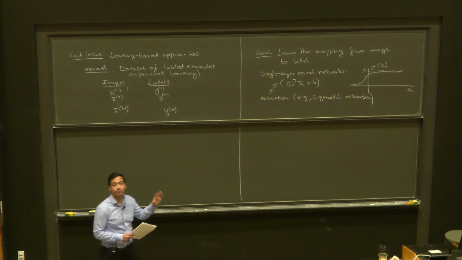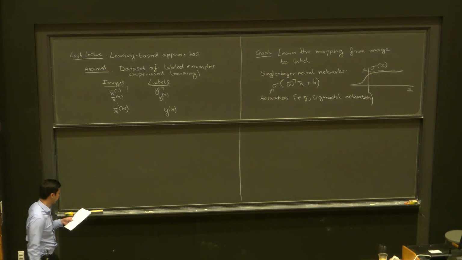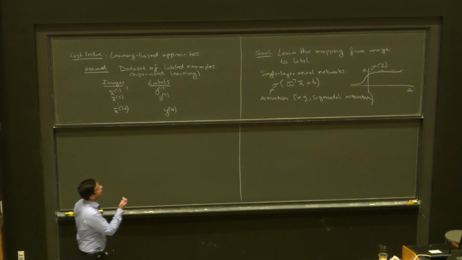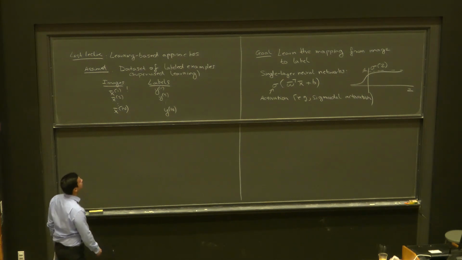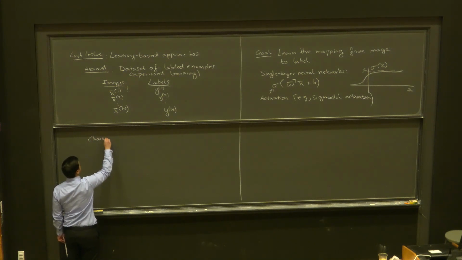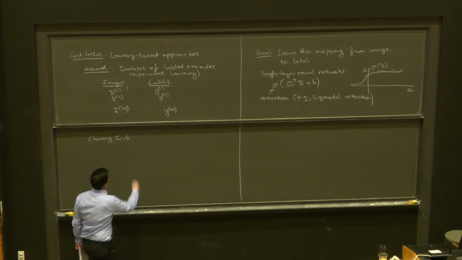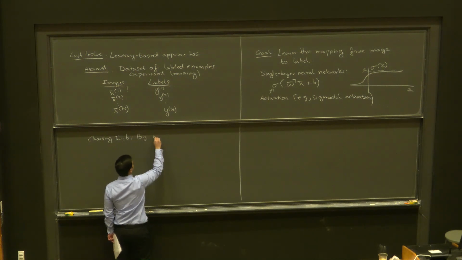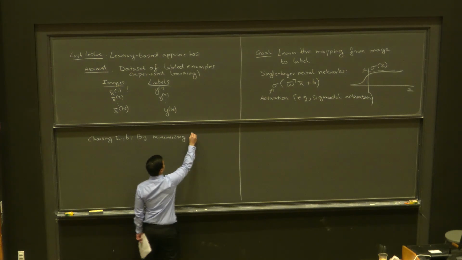We're going to expand beyond this class of functions, but to begin with, I think this is a good place to start. What we said in the previous lecture is the way we learn the weights and the bias, the w and b, which are the parameters in our function, is by choosing them by minimizing our training loss.